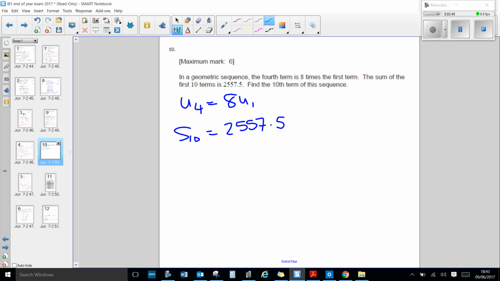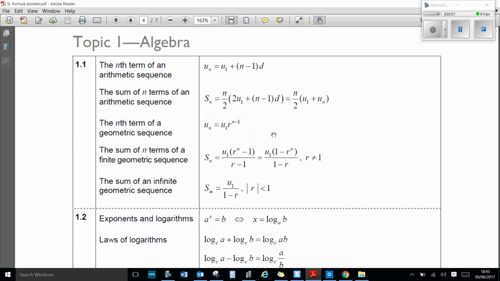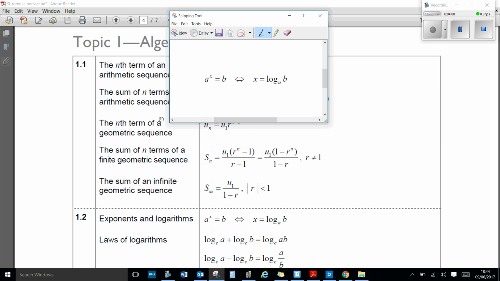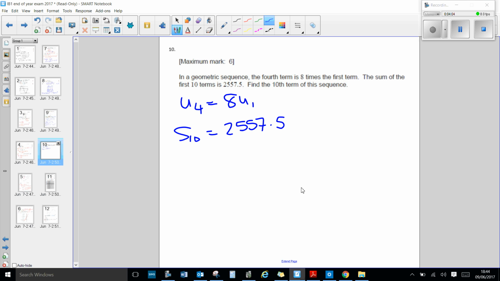So U4, looking at our formula for a geometric sequence, would be U1 r to the power 3, and U1 is just U1.